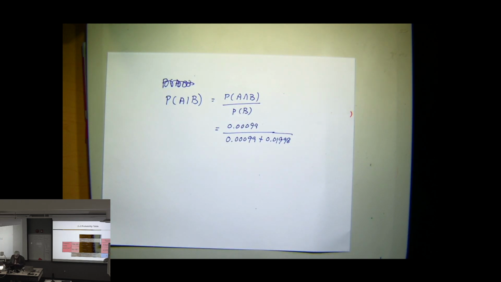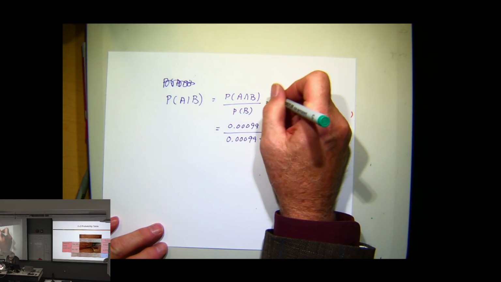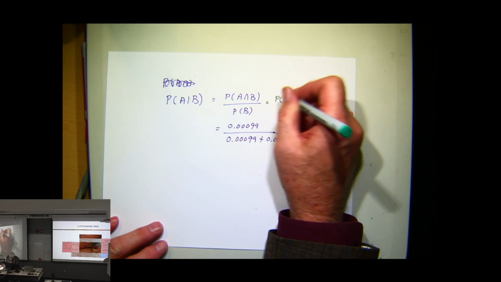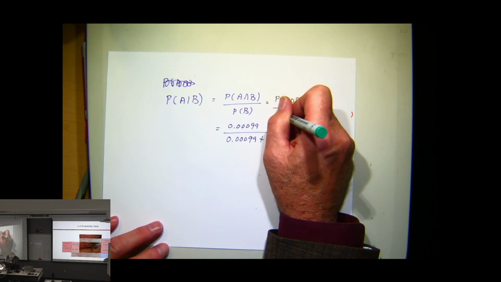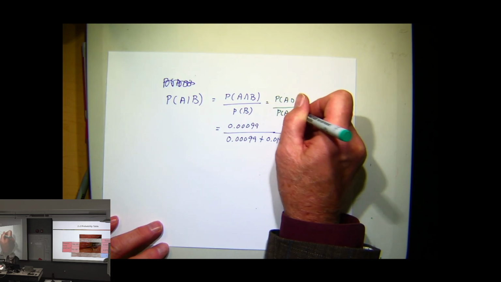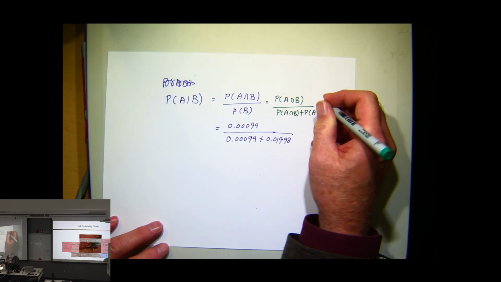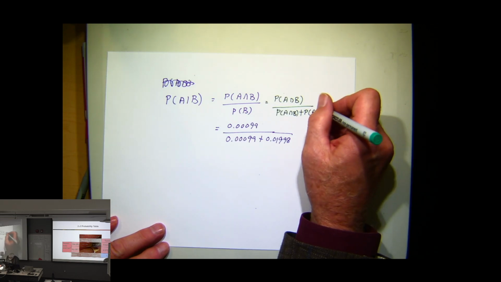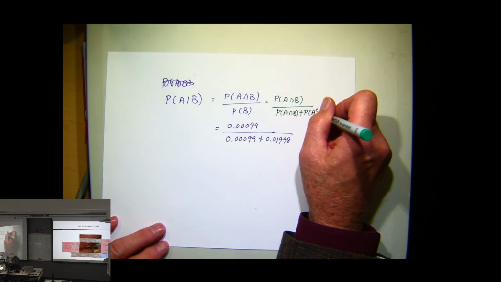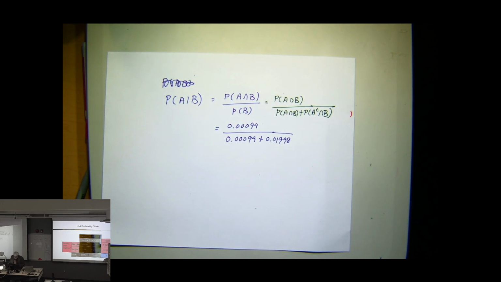And if you wanted an intermediate step, I could give you an intermediate step here. I could have said this is the probability of A intersect B over the probability of A intersect B plus the probability of A complement intersect B. Did I get the right one?